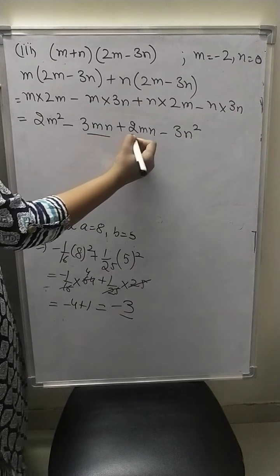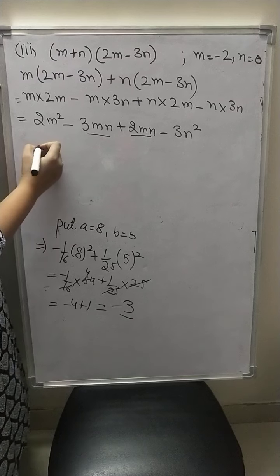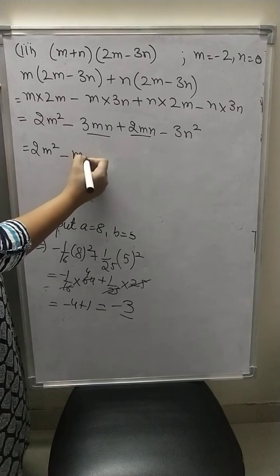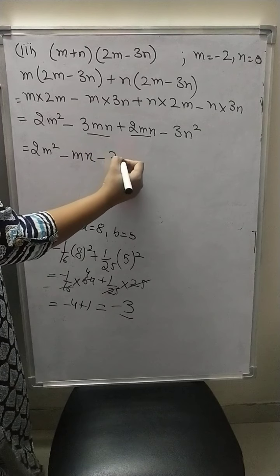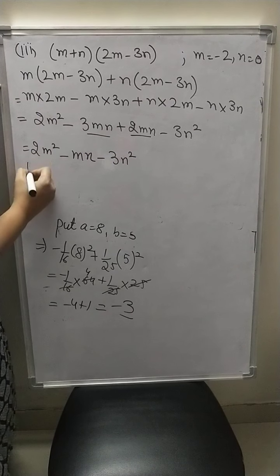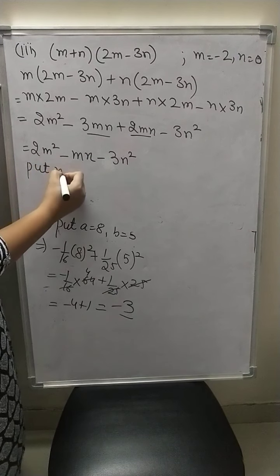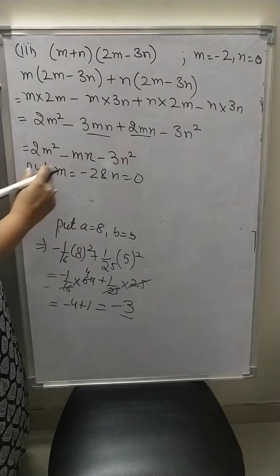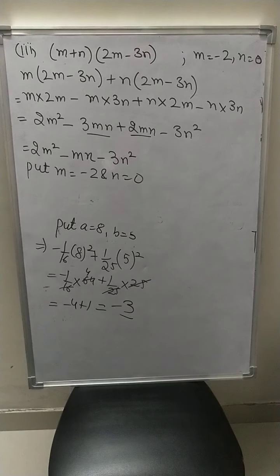So these two are your like terms. So you will get 2m square minus mn minus 3n square. Now we will substitute. So I'll put m is minus 2 and n is equal to 0. Let's substitute and then let's see what answer are we going to get.